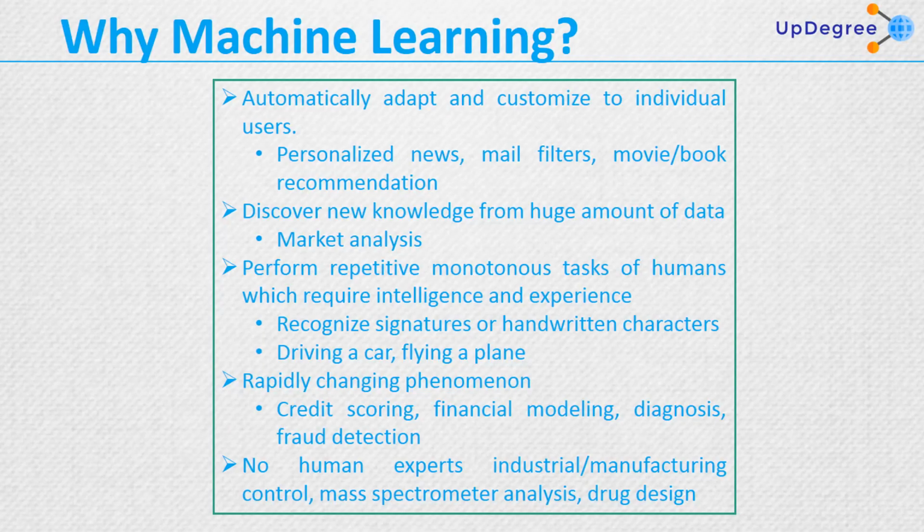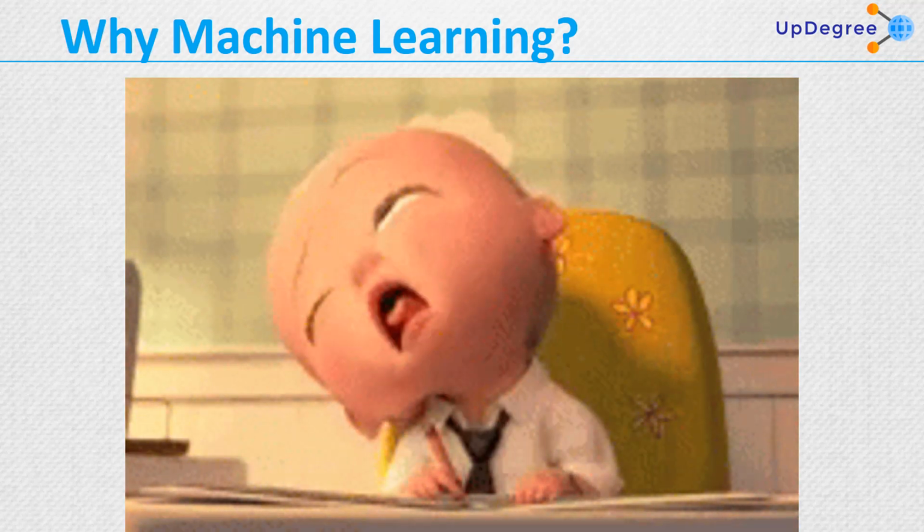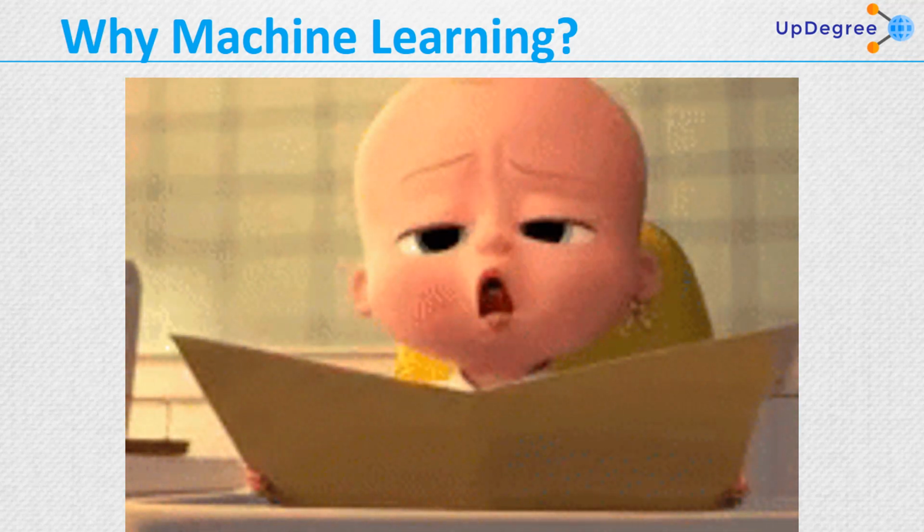Perform repetitive monotonous tasks of humans which require intelligence and experience. Human beings are not suitable for monotonous jobs. If you ask a human being to work on monotonous tasks, obviously they will feel bored and make errors.